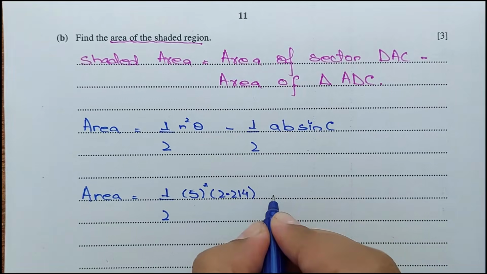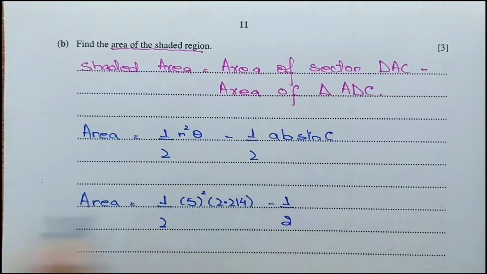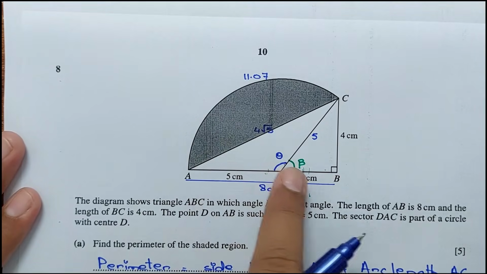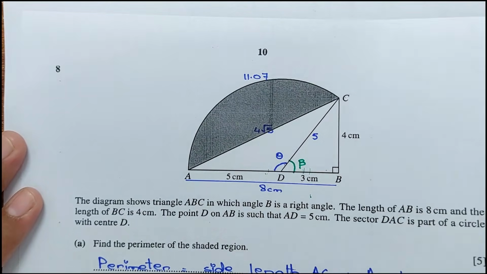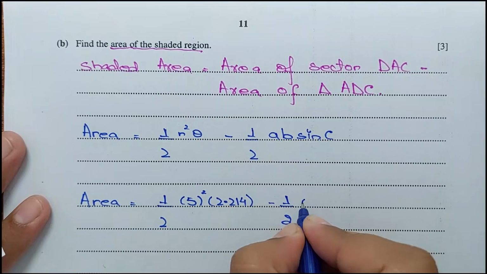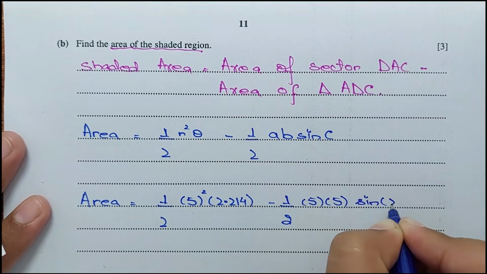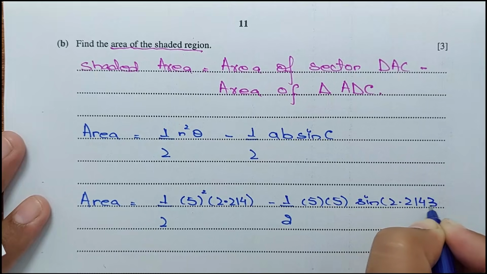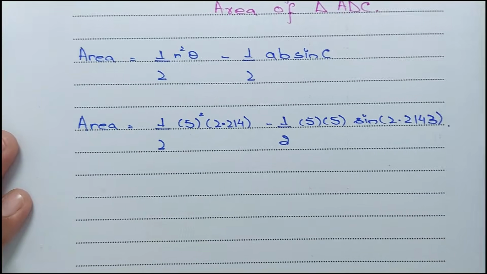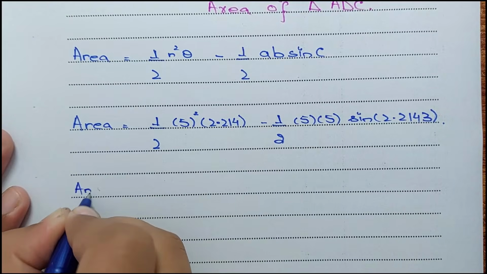Okay, and minus 1 over 2 for the triangle. As you can see, the triangle has sides a and b and the sine of the angle between them. The two sides are 5 and 5, and sine of 2.2143, that theta, right?